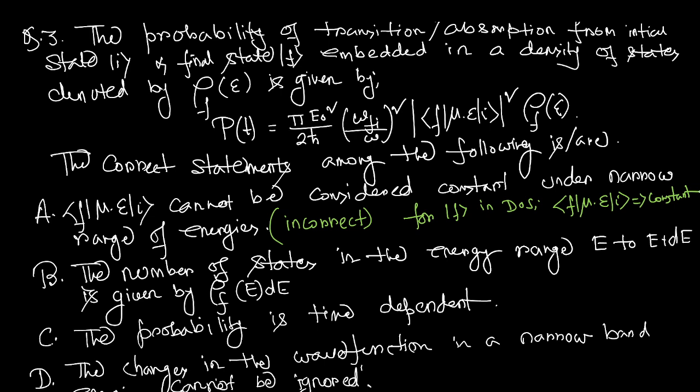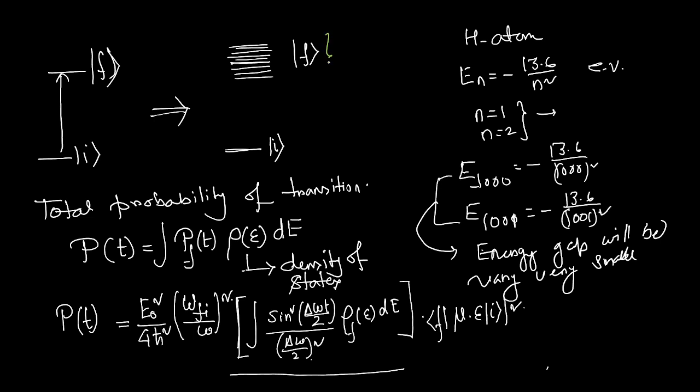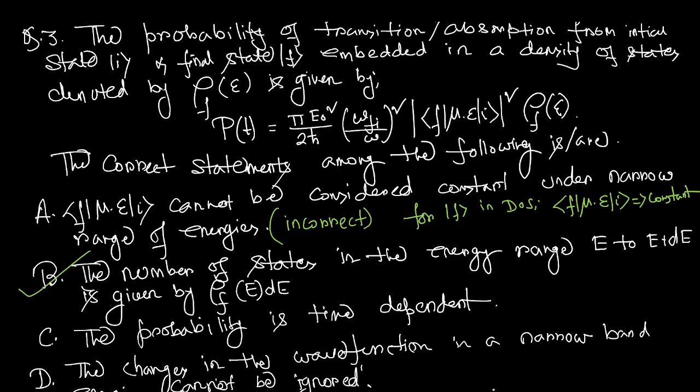Now the number of states in the energy range E and E plus dE is given by rho dE. That is what I tell here. This density of state can be written as, so this gap you can consider as dE. Now the probability is time dependent. It is known.